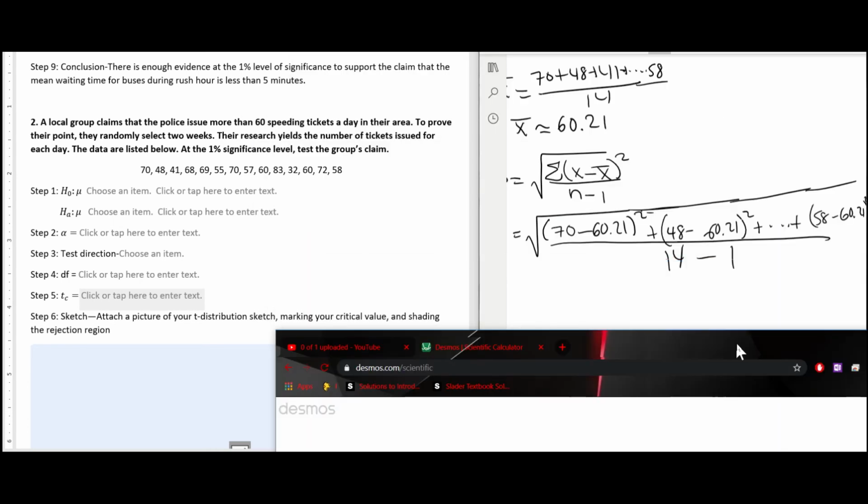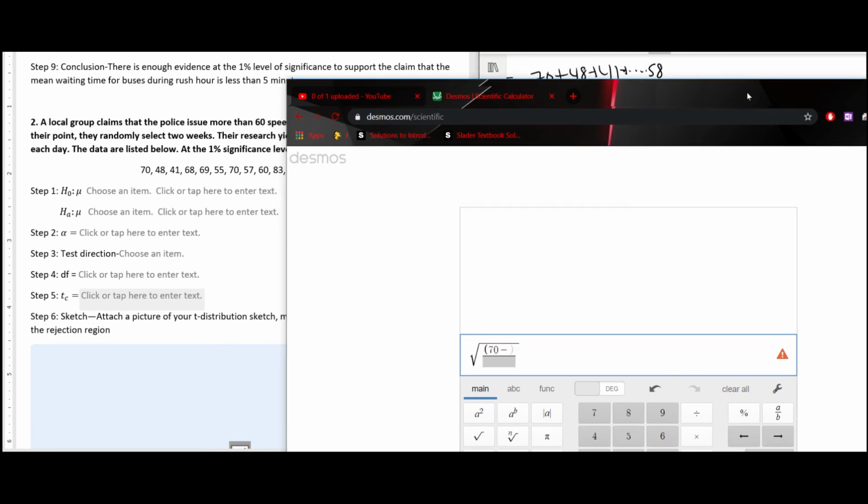My x bar is 60.21. Parentheses squared. There's a square button right here. You're going to arrow out of that, plus, and then parentheses, 48 minus 60.21 squared, and so on. And then we'll go ahead and continue this to get the calculation.